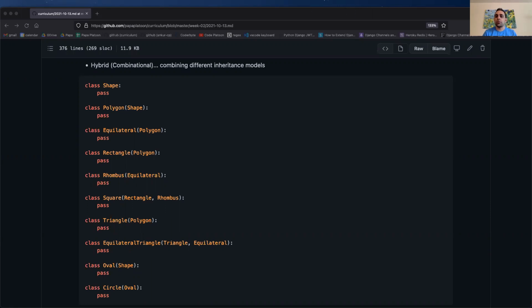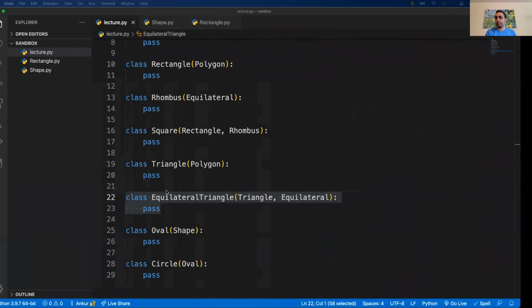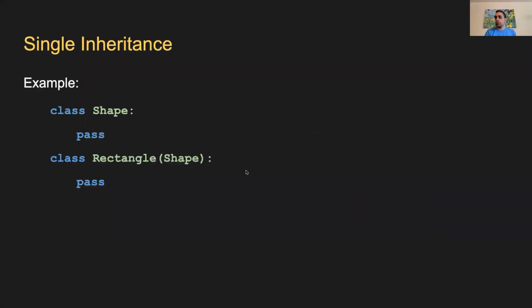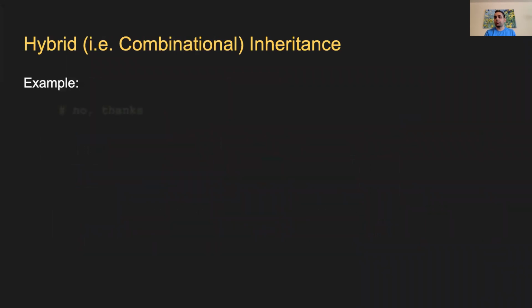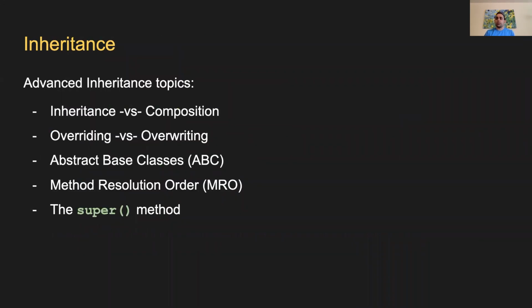Any other questions about inheritance? Okay, let's continue on then. We went through our examples: multiple inheritance, hierarchical. All right, so we're going to talk about a few more advanced topics.